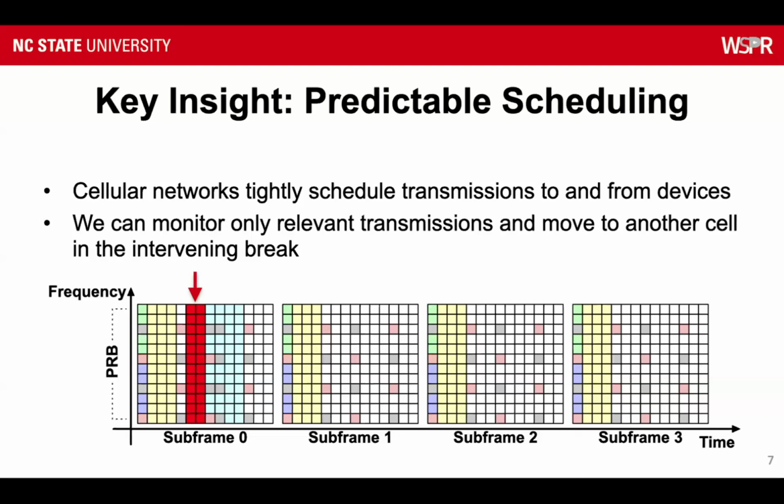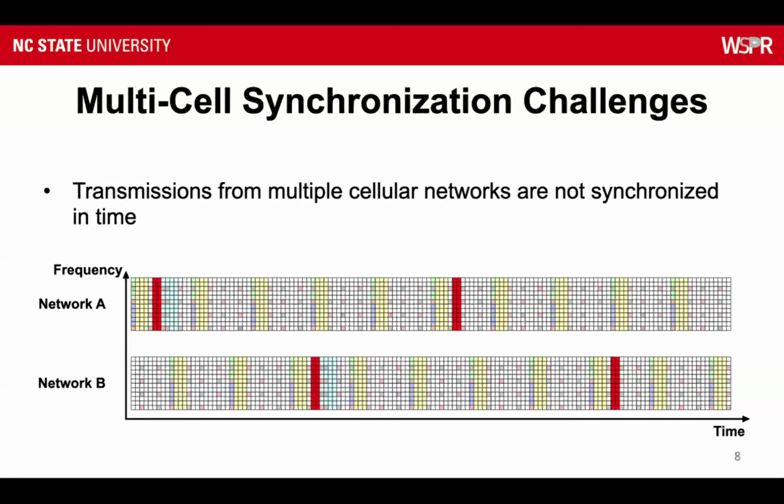Now, there's one challenge that we're going to have to overcome when we're monitoring multiple networks simultaneously, and that is synchronization. Transmissions from multiple cellular networks are not synchronized in time. Everything is synchronized within each network. However, between networks, we are not synchronized. So one eNodeB is not going to transmit a signal of interest at exactly the same time that another eNodeB will transmit the signal.